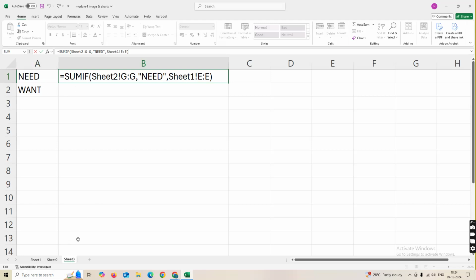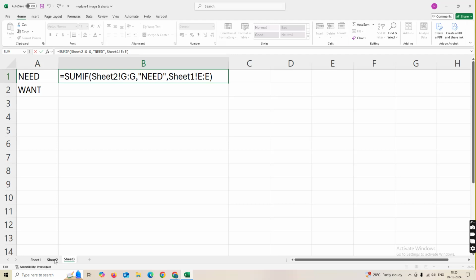I'm just checking mine, because I use need and no need. So first do it for the need category. Need, do I need to change the spelling, uppercase, lowercase? That's what I asked you.